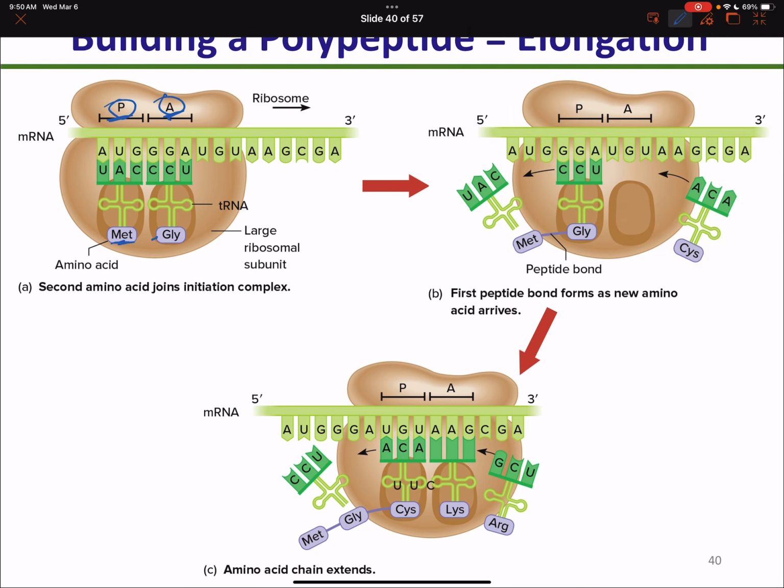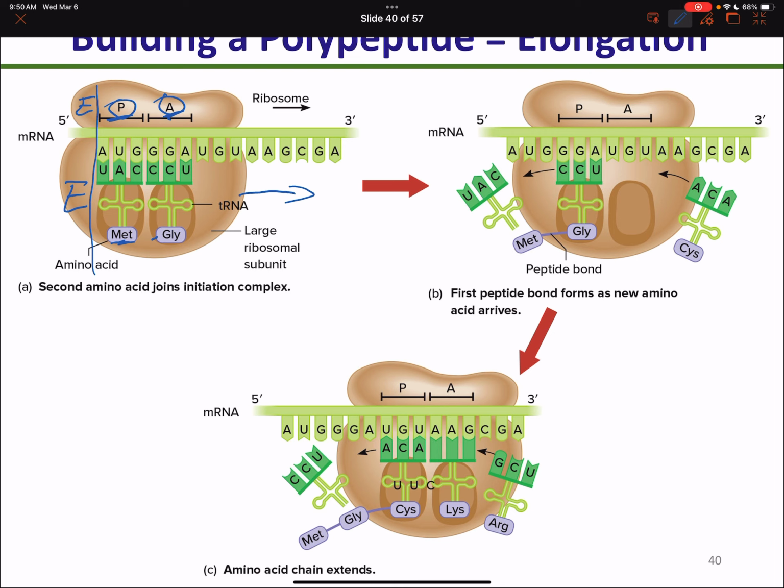I'm sorry. The E site belongs here, okay? But for now, because we are at the beginning, you cannot see that E site. As the ribosome moves along, the E site is going to come into play.